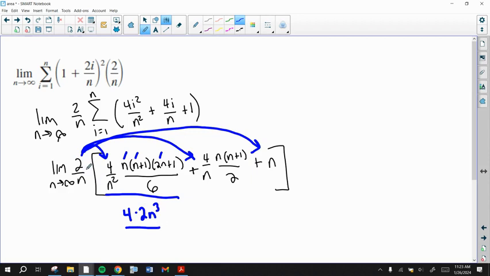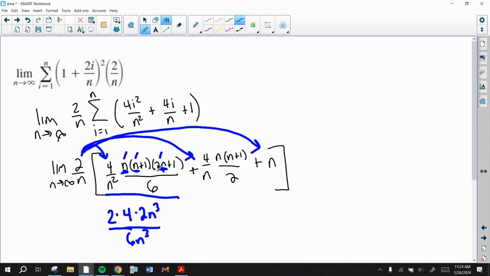I also have this 2 out here that I multiplied in, so times 2. So remember, this 2n cubed came from n times 2n, the leading terms of each factor there. On the bottom, I'll have this n times n squared, which is n cubed, times 6, which is 6n cubed.